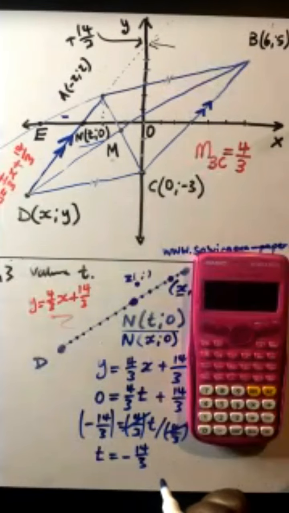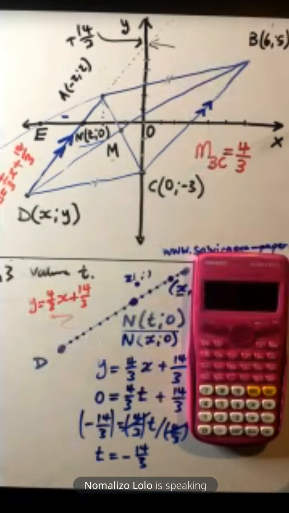Guys, are you also getting the same answer? Can someone just indicate if you're also getting the same answer? I'm getting negative 14 over 3. Yes, sir, I got the same answer.